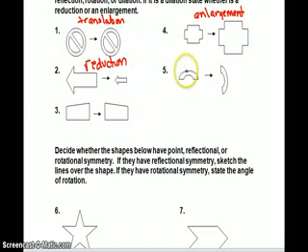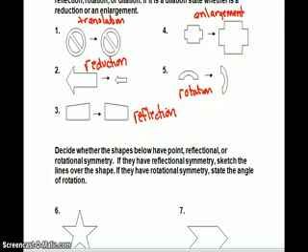This one right here, looks like we rotated that one, so we've got a rotation there. That looks like it's 90 degrees. And then this one here, just flip that over, so we're going to call that a reflection.